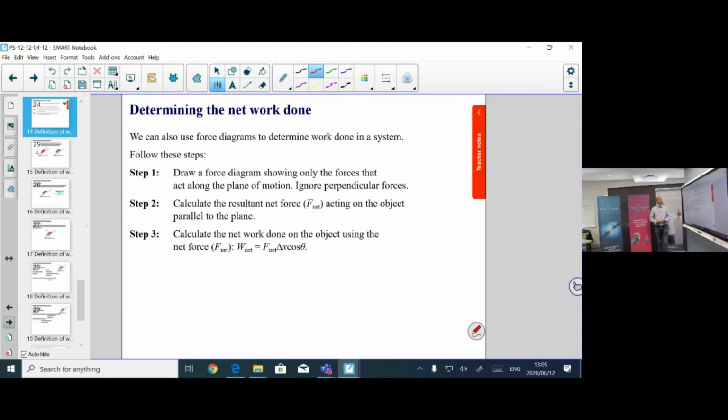Step 3, calculate the net work done on the object using the net force. In other words, you have to add up or subtract to get the F net, denoted by capital letter F sub net.